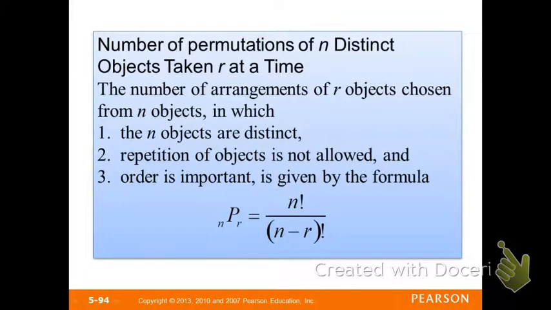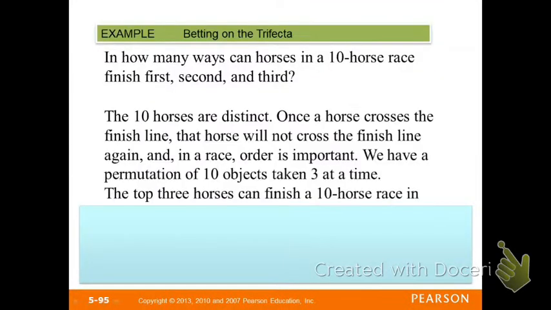The N objects are distinct, right? The 10 horses are individuals. Repetitions are not allowed. A horse can't finish first and second. Order is important, because we're talking about first place, second place, third place.